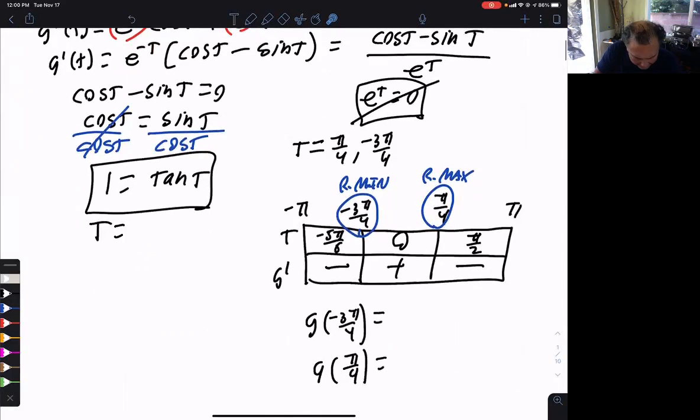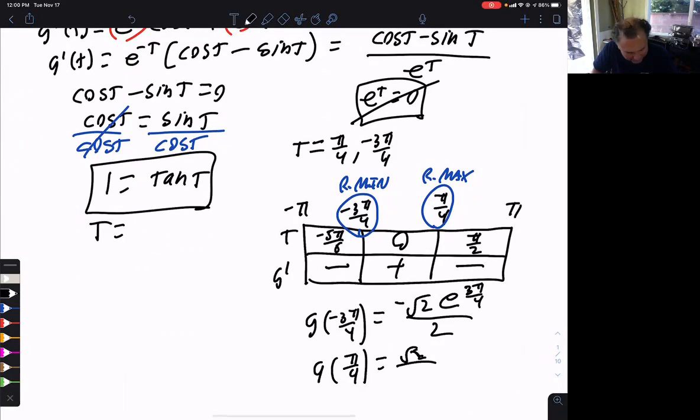So g at negative 3 pi over 4. Let me get the value for that. Hopefully they tell me. Yeah, that's going to be a crazy number. Negative radical 2 e to the 3 pi over 4 over 2. And at pi over 4, it's radical 2 e to the pi over 4 over 2. I have to get an approximation for that.